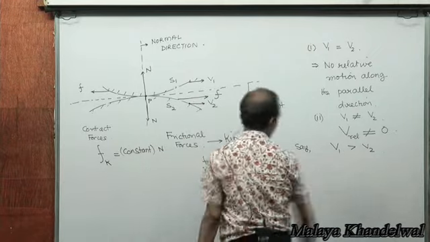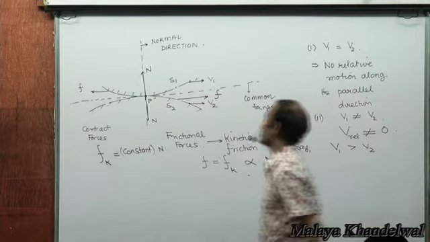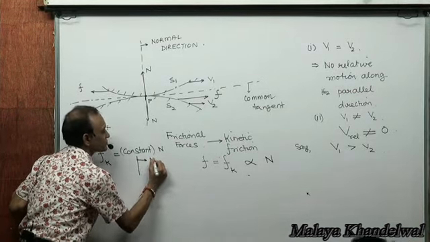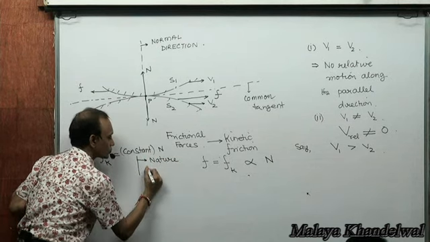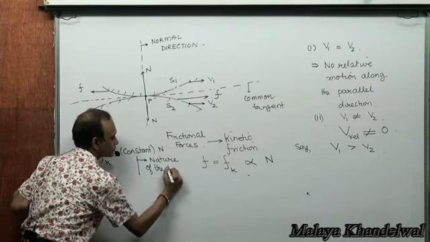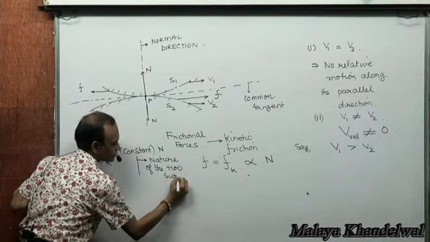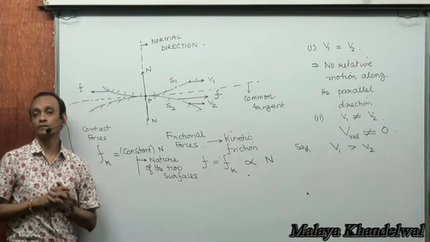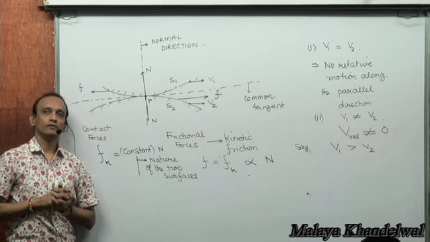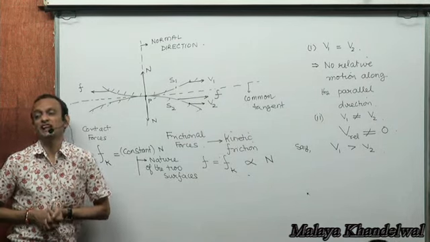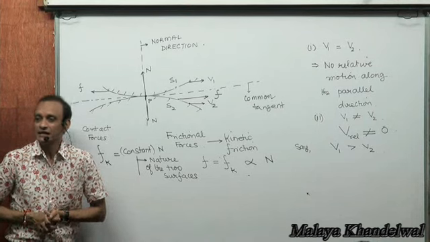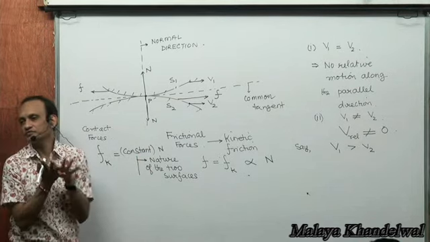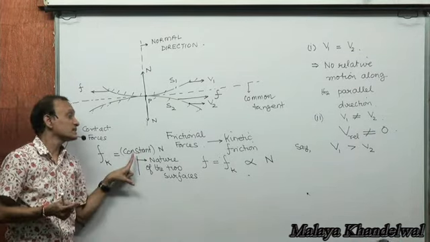This constant of proportionality will depend essentially on the nature of the two surfaces. It will be a very weak function of their relative motion. So for normal applications, it's about just the nature of the two surfaces. For a given pair of surfaces, this will be a constant.